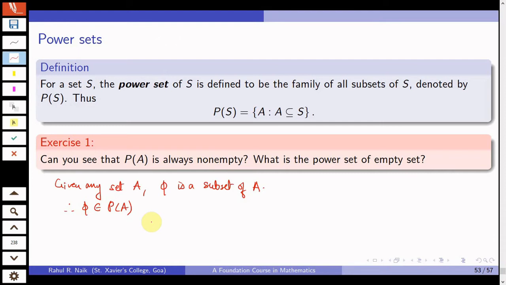So, the empty set will always be a part of the power set of A, and therefore P of A will never be empty.